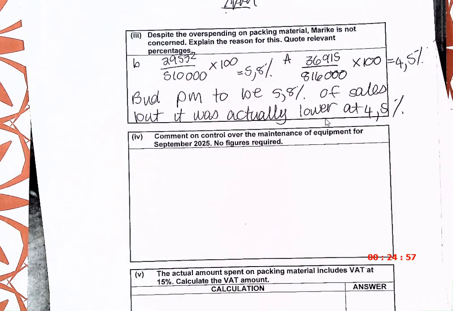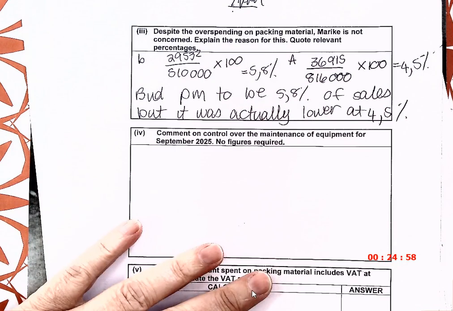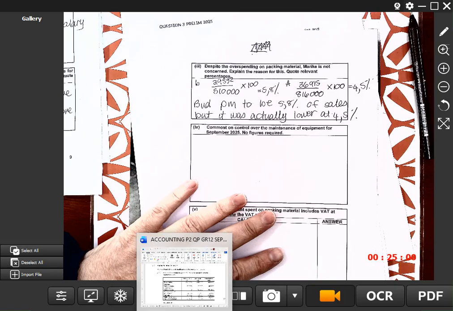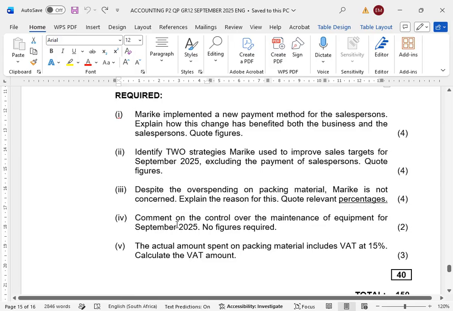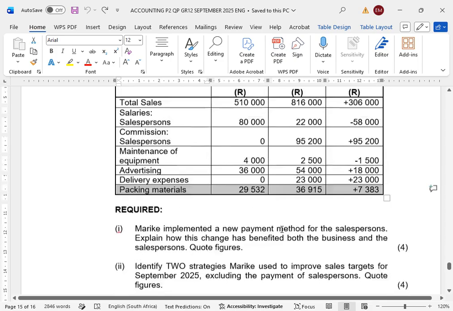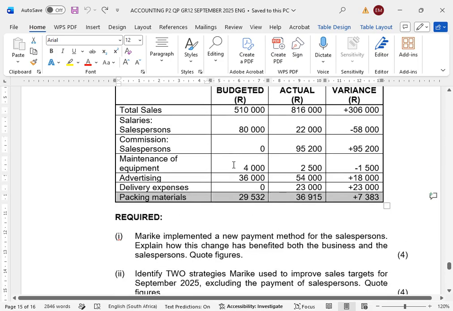Next one. So the next one, they say, comment on the control over the maintenance of equipment for September. No figures required. So if I look at maintenance, can you see I spent less?